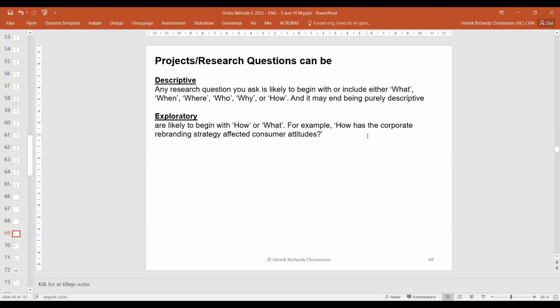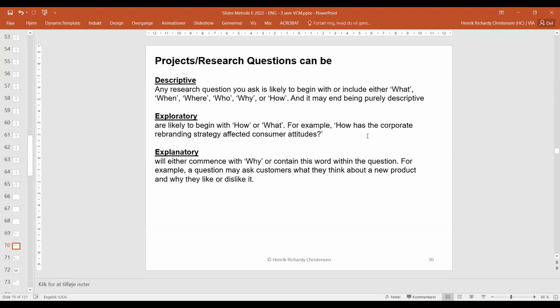Or how has the implementation of, it could be lean, affected employee satisfaction? Or how has the implementation of lean affected customer satisfaction? So this invites more analysis and more reflection and more in-depth work with the specific situation and the project that you're doing.